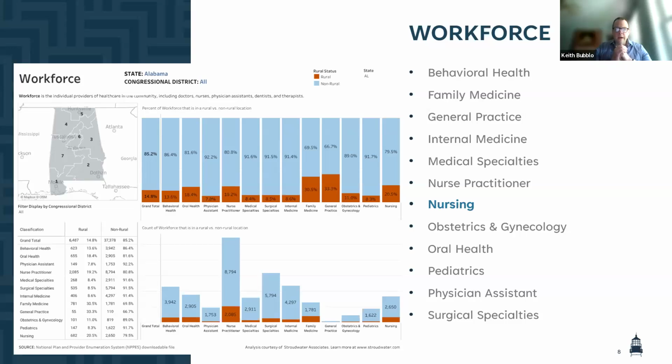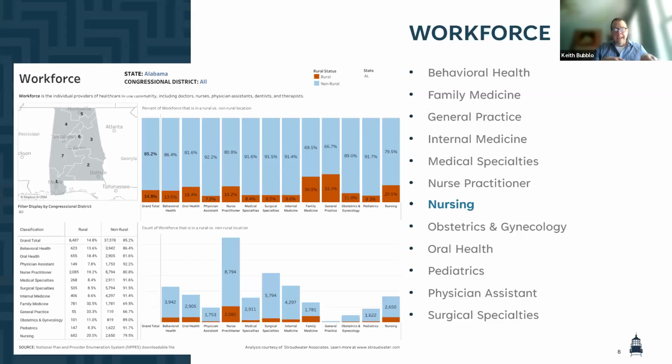And what we did is we took that file and looked at the individual doctors and nurses, physician assistants, dentists, therapists, and grouped those into these higher level provider categories of behavioral health, family medicine, internal specialties, surgery, surgical specialties, nurses, OBGYN. Oral health includes dentists and dental hygienists. So it gives you a broader overview. This data is available at the more granular level, if anybody is interested, and we can certainly help you with that if it's something that you would really need.